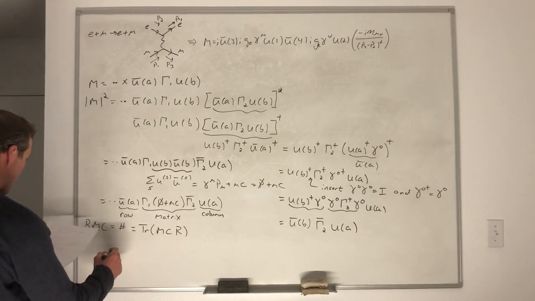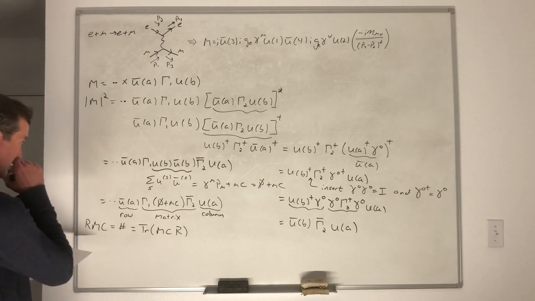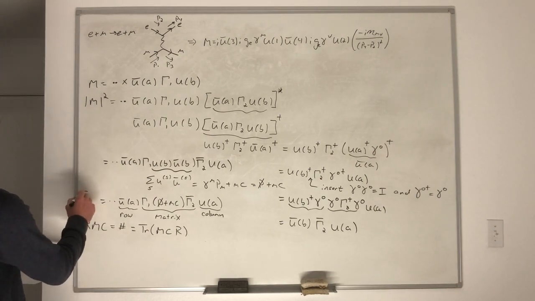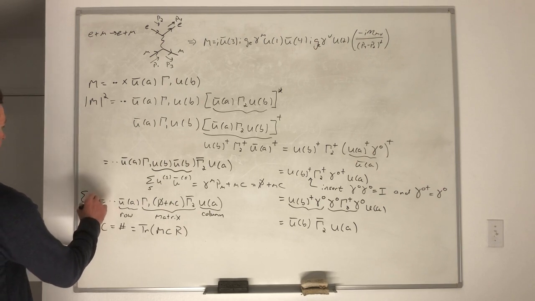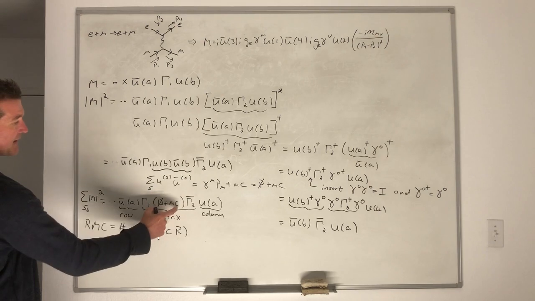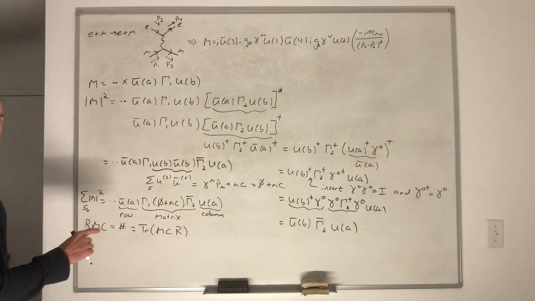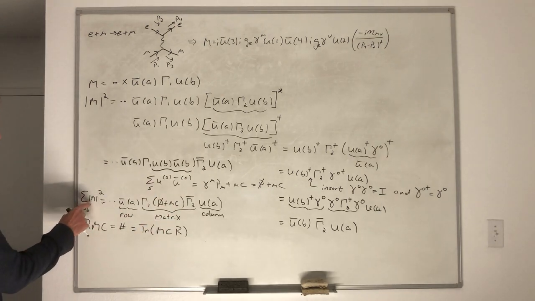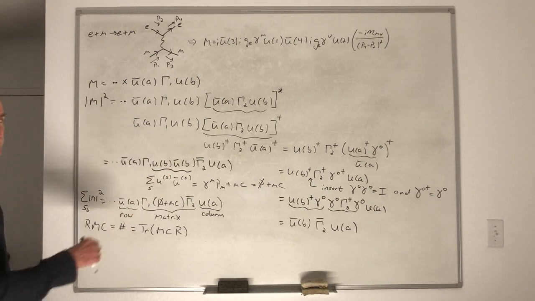And we'll get the following. Oh, sorry. This is now sum over SB of m squared. Because when I replace this by this, I'm doing the sum over the spin. So this is not m squared, but it's the m squared with the b spin states summed over.